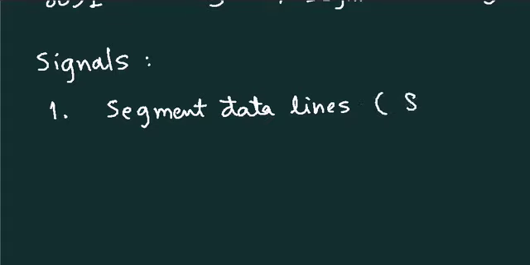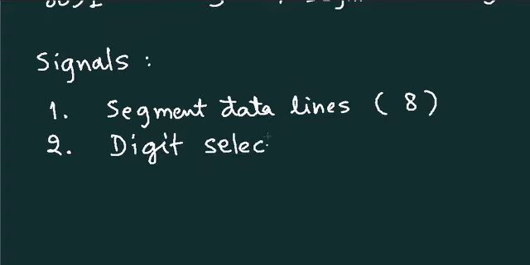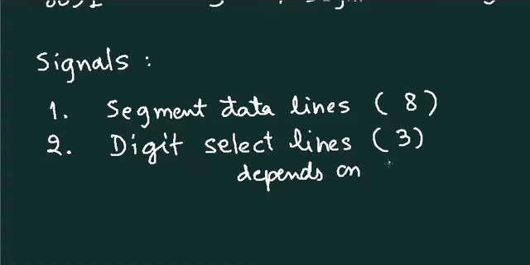So, these are 8: 7 segments plus decimal point. Second is the digit select lines. Now, these may be dependent on the number of digits. We can write temporarily as 3 digits.